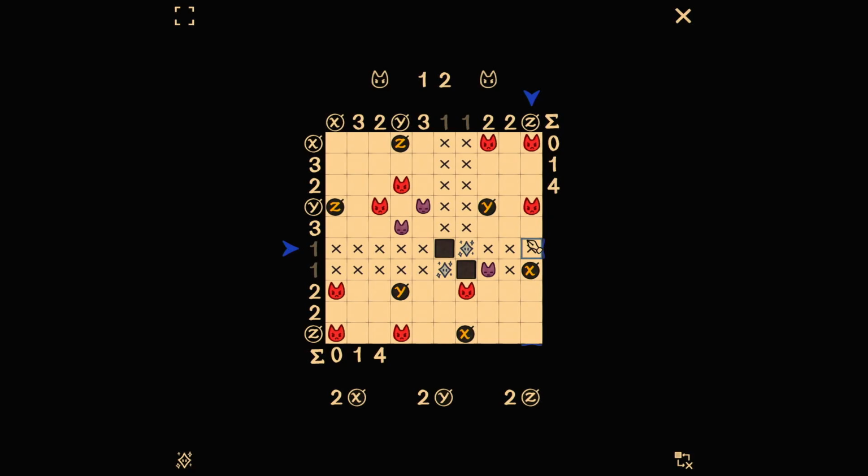Actually, I don't necessarily know that's true. Well, I know X has to be at least 1, so it has to be that. If this is the case, then Y must be 2, at least. I mean, Y could technically be way more.